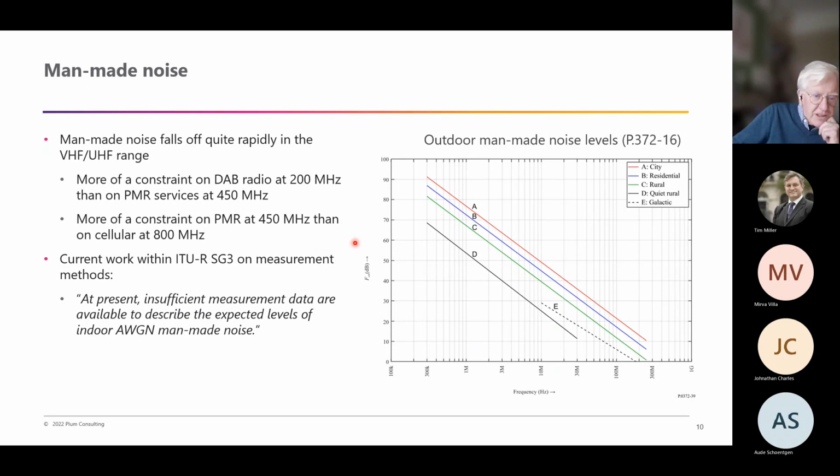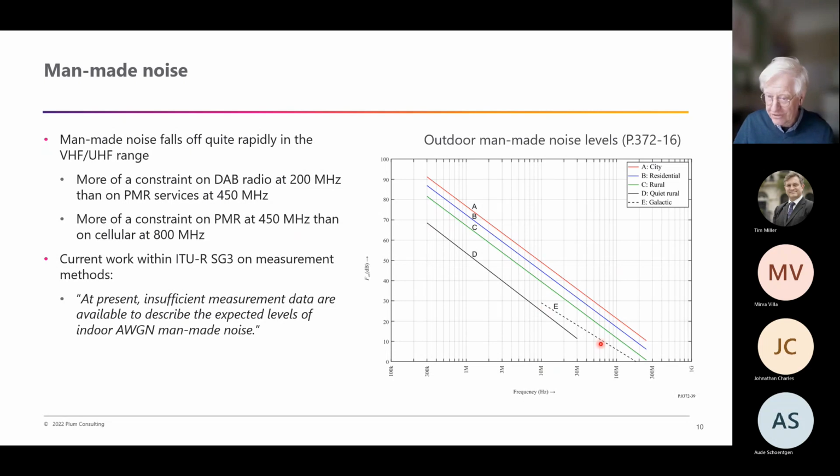There's some information in this ITU recommendation specifically about man-made noise levels outdoors, and they've attempted to define the sort of median noise levels that are expected in different environments. So we move from city to residential to rural, and then a quiet rural area far away from any sources of electromagnetic interference.